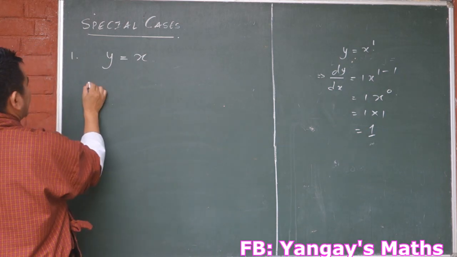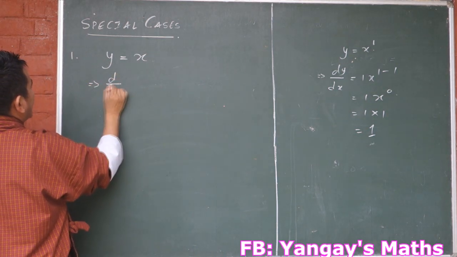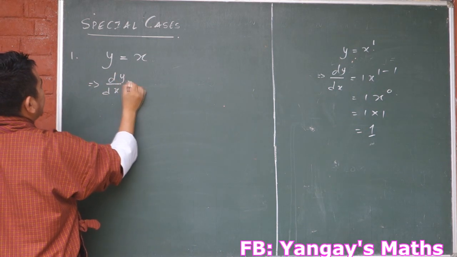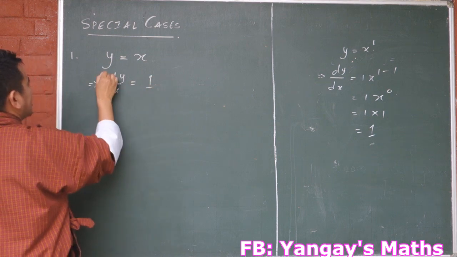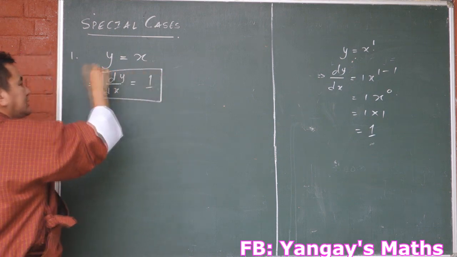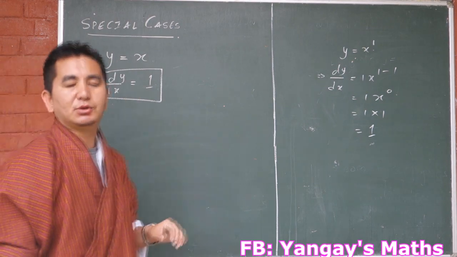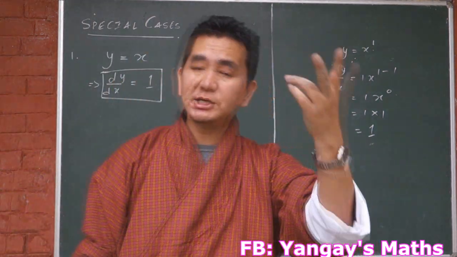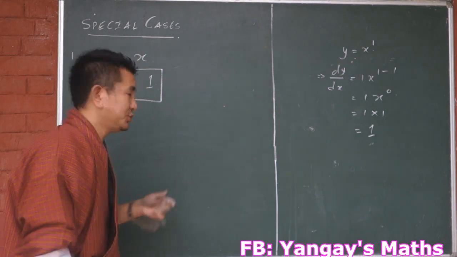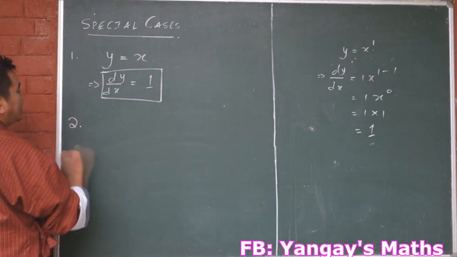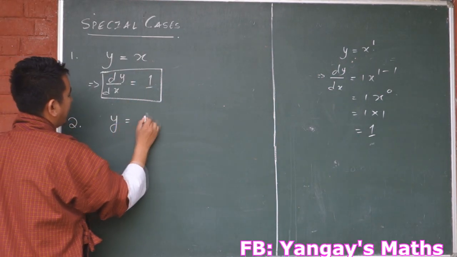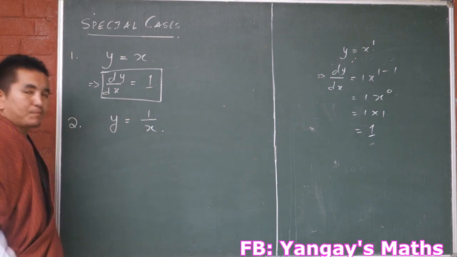So dy by dx of x is always equivalent to 1. Differentiation of constant is 0. Differentiation of x is equivalent to 1. Next one, what we will see here is, what if we have y is equal to 1 by x?